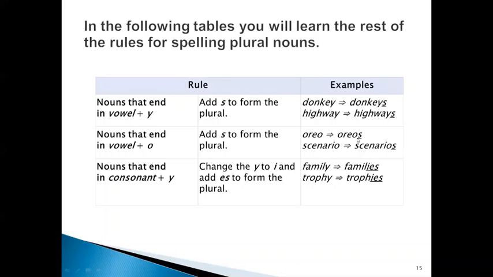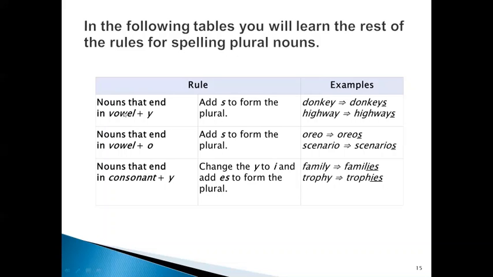You add s. Yes, the last letter here is o. Scenario: before the letter o, we'll find i. Scenario, scenarios. We add s. Why? Because before the o at the end, we'll find a vowel.